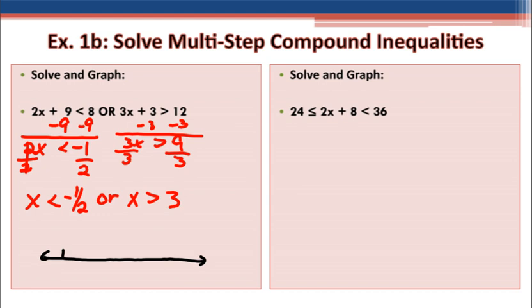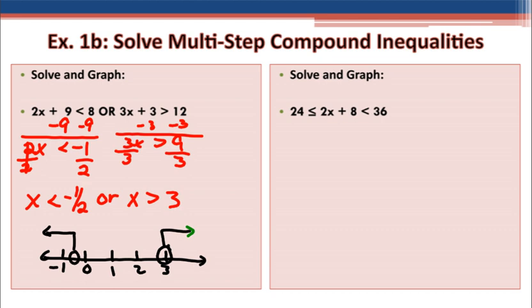So I'm going to have -1, 0, 1, 2, and 3. I need an open circle on -1/2, which would be right here. It's got to be less than -1/2, so it has to go to the left. And then I need an open circle on 3. It's got to be greater than it, so it goes to the right.